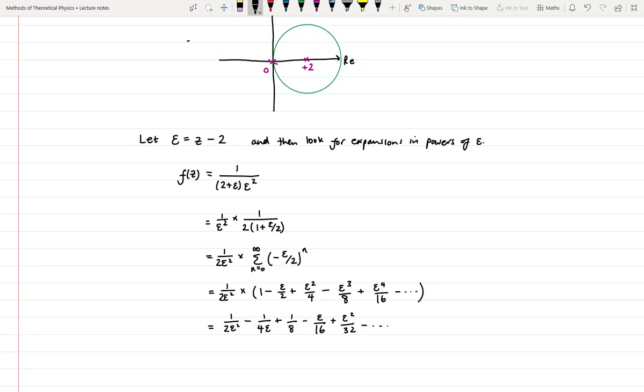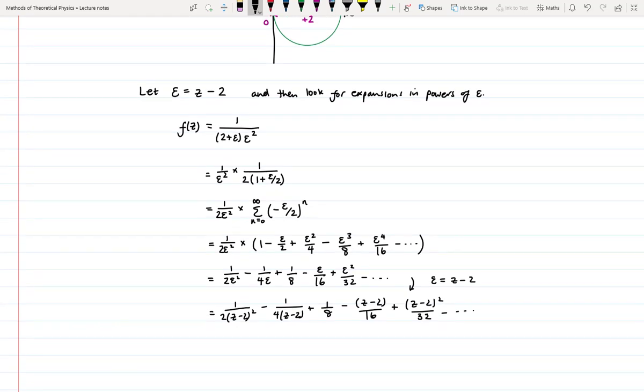We're now in a position to substitute back in that epsilon is z minus 2, and we obtain 1 over 2 z minus 2 squared minus 1 over 4 z minus 2 plus 1/8, and then we have the positive powers z minus 2 over 16, z minus 2 squared over 32, and so on.